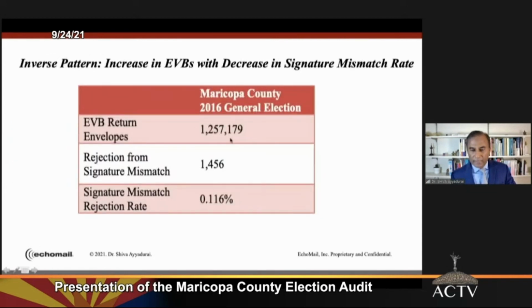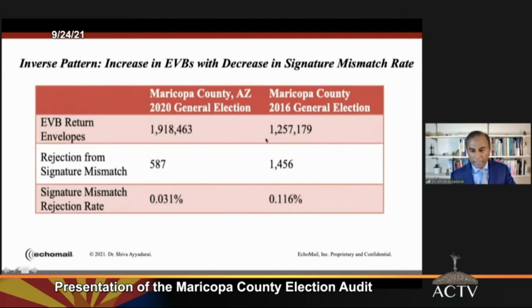In 2016, the election previous to 2020, 1,257,179 return envelopes were submitted. 1,456 were considered to have a mismatch, with a rejection rate of 0.116%. In 2020, we have nearly 52% more return envelopes, but the signature mismatch rate goes down by nearly 56%. So it's gone down by a significant number here, okay, nearly 4 times.